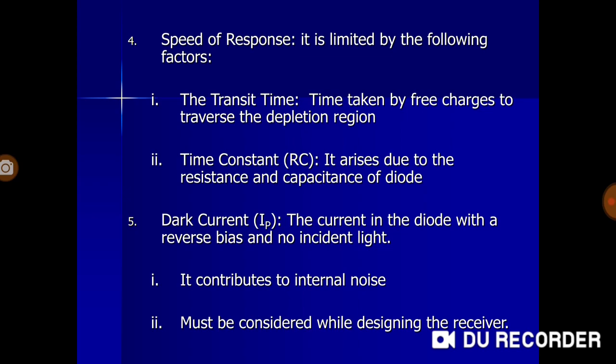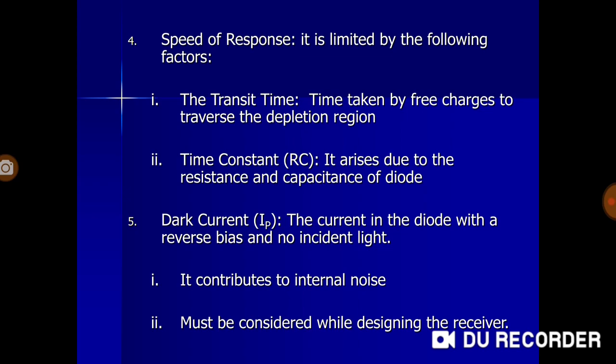And the fifth and last parameter is dark current, IP. It is the current in the diode with a reverse bias and no incident light. Analogous to the simple PN junction reverse characteristics, we know that there is a reverse saturation current which is due to the flow of the minority carriers.